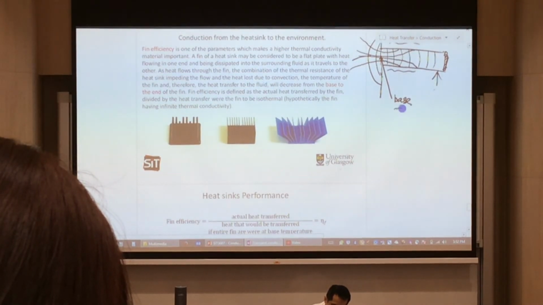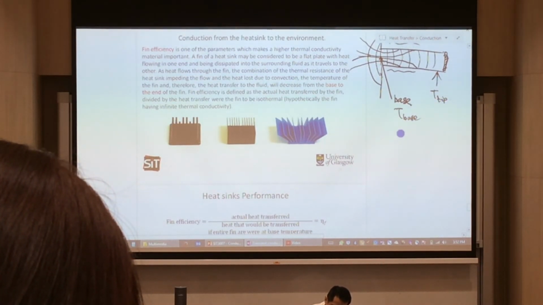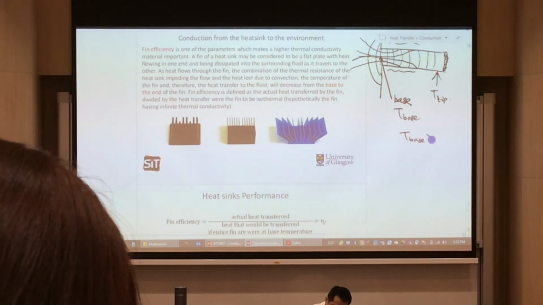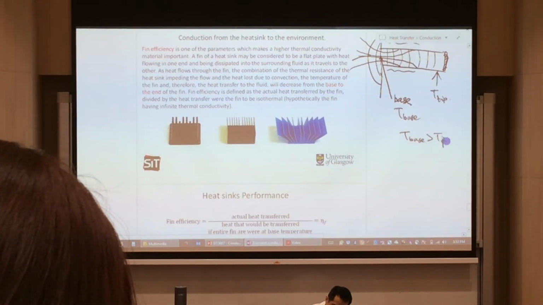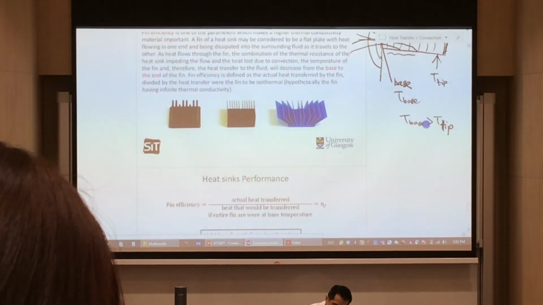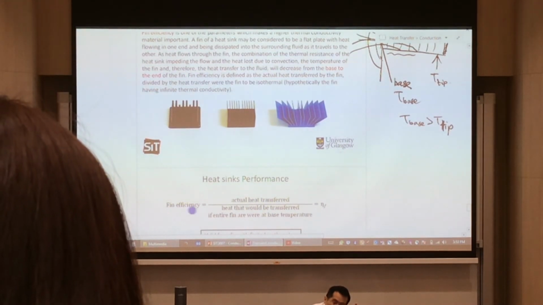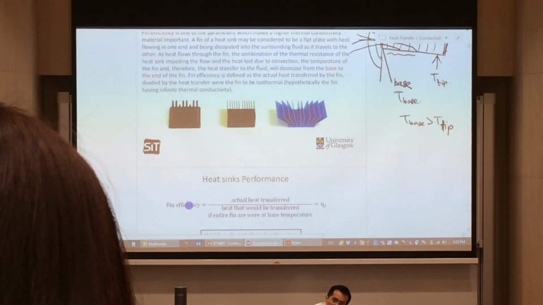So T base will be at a higher temperature than T tip. That's what you will find in real life. If T base is equal to T tip, then the actual heat transfer equals the ideal, and you get 100% fin efficiency. That's what it's trying to say.